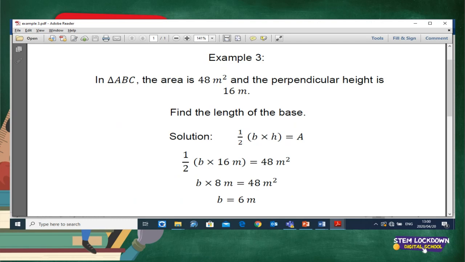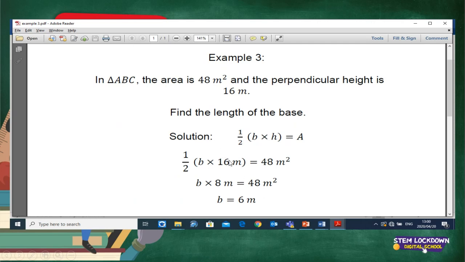Again, you use the same area, the area of the triangle, which is half a base times height. And of course, that is the area. Now you can substitute. This becomes half of the base, which is your unknown, times the height, which is 16 meters. So you can simply substitute 16 for your height.